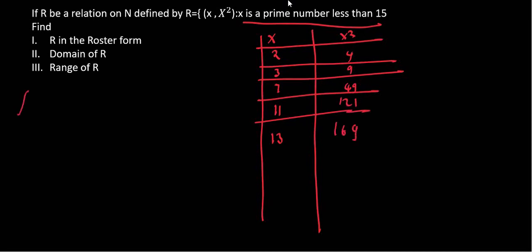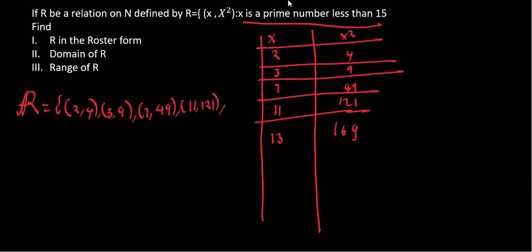So here our relation is 2 comma 4, 3 comma 9, 7 comma 49, 11 comma 121, and 13 comma 169. That's what it means there.